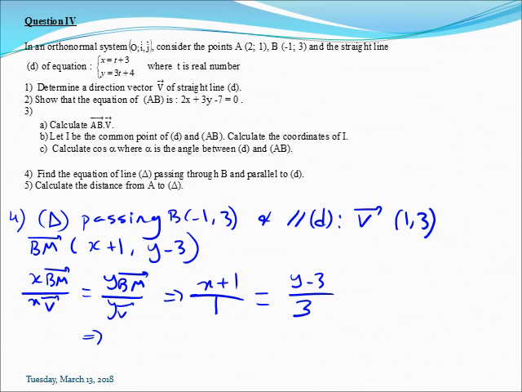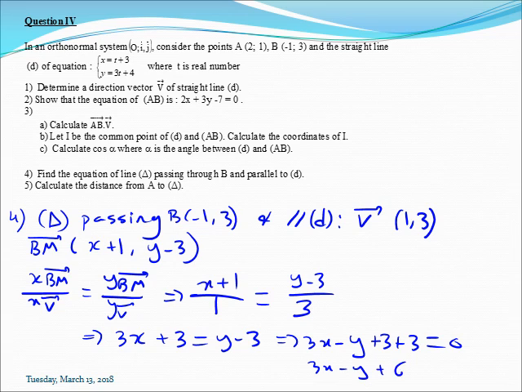Cross multiplication: 3x plus 3 equals y minus 3. So 3x minus y plus 6 equals 0. This is the equation of delta.